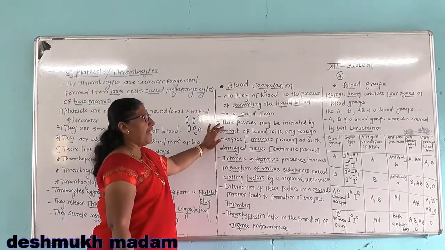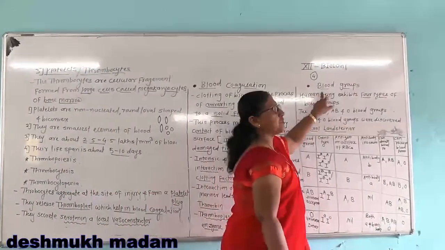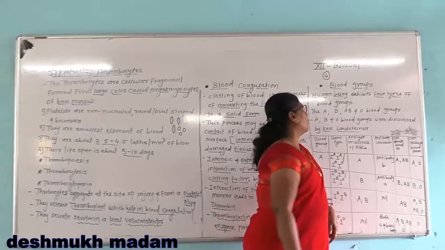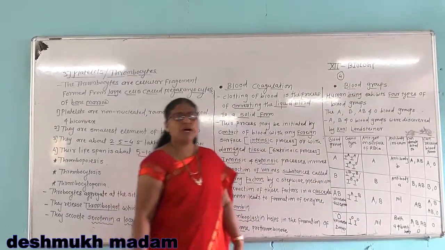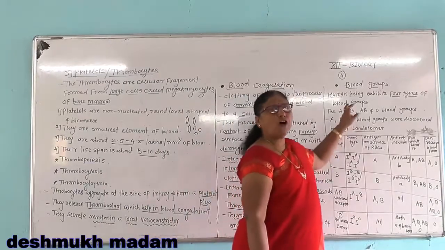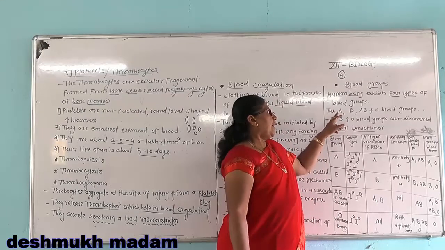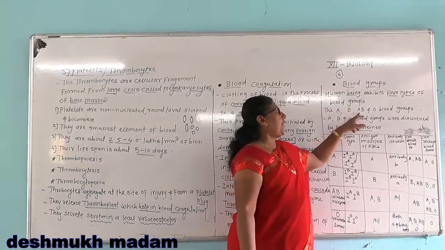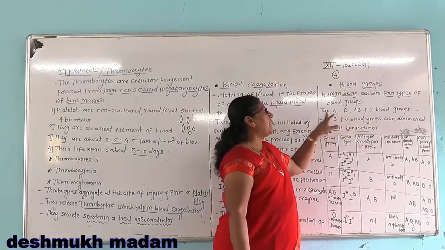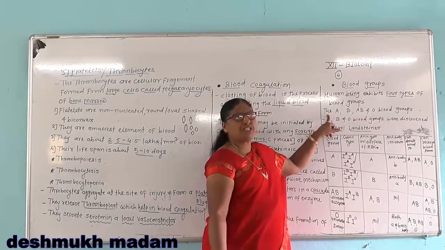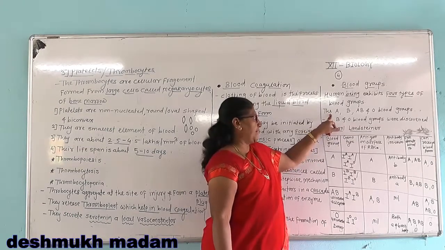Then the next point is the blood groups. Human beings exhibit 4 types of blood groups: A, B, AB and O. These are the 4 types of blood groups which occur in human beings.